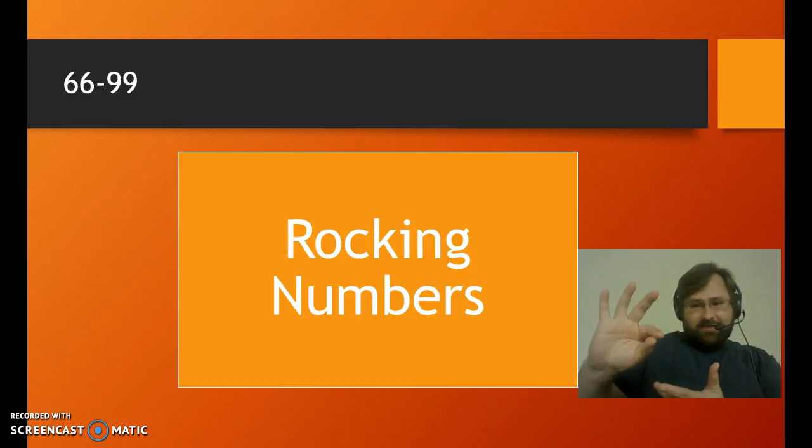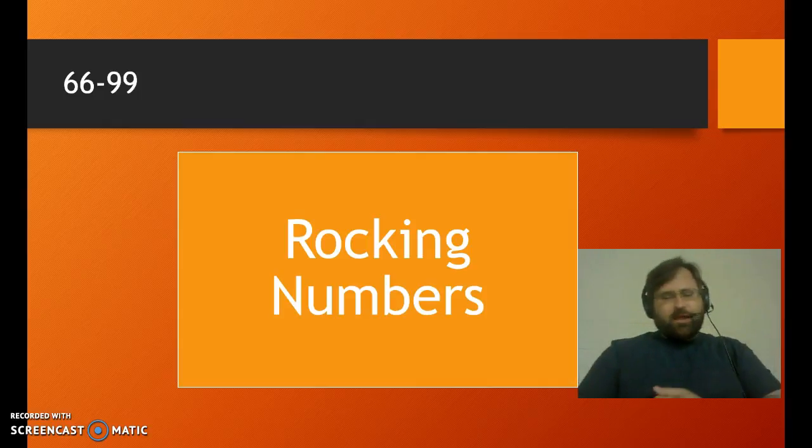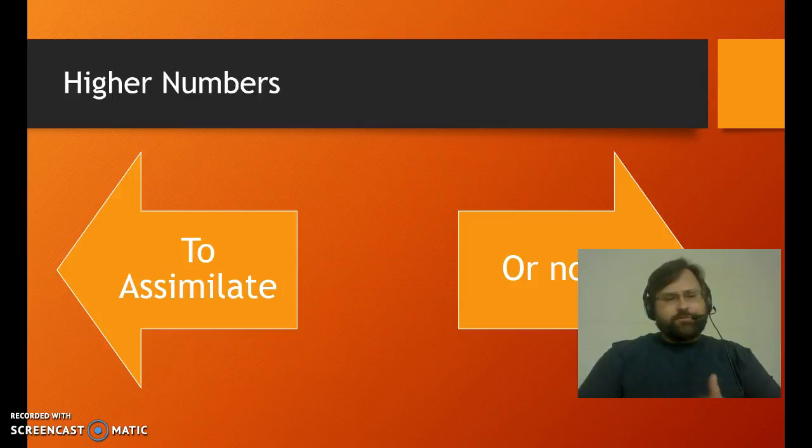So 69 turns this way, 96 turns this way, 78 turns this way, 87 turns this way. And again, any of the numbers that have a 6 through 9 in both the tens place and the ones place can incorporate those sorts of rocking motions.